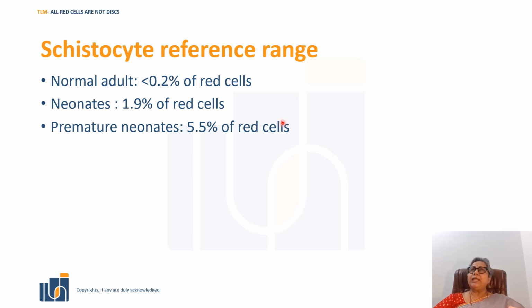So this is the reference range that has been given for the schistocytes. So schistocytes are important. We need to identify them. We need to enumerate them. We need to give a quantitative report, especially if it is the main poikilocyte in our peripheral smear.